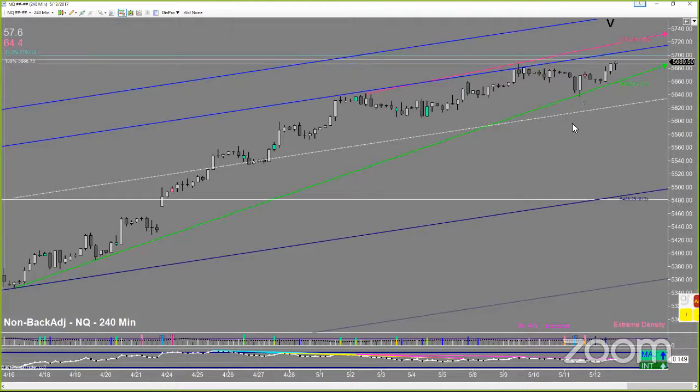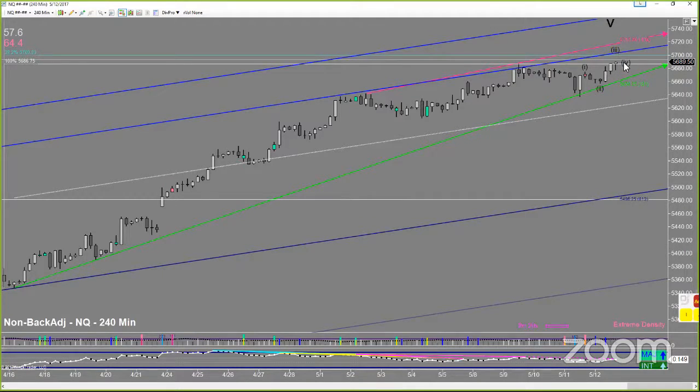Okay, and if we're going to have room to make another set of 5 waves, which we would need to do, we need enough room to be able to do that. So I'm thinking this 3rd wave will probably hit here and reject, and that's where a lot of people will no doubt unload their long positions.